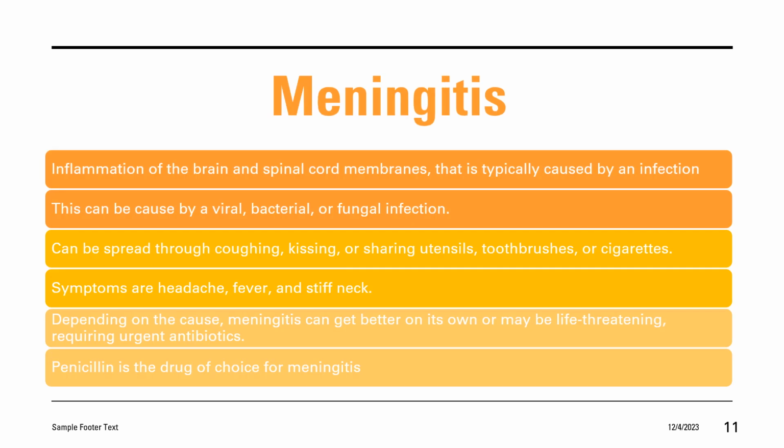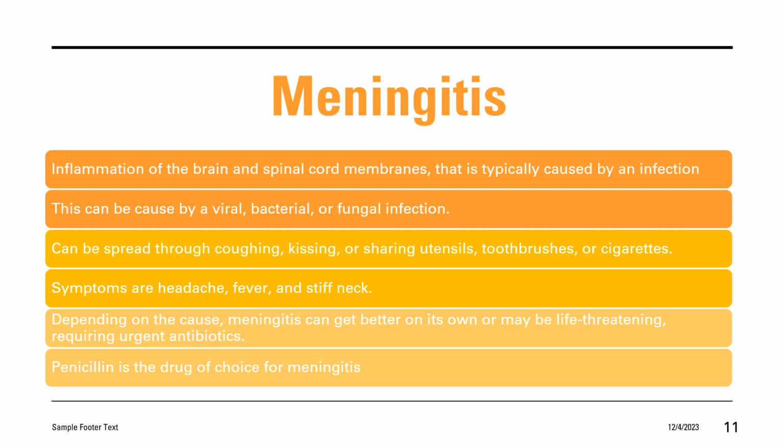So meningitis is something that happens when the brain and spinal cord membranes are inflamed, and it's typically caused by an infection. There can be three causes. It can either be caused by a virus, bacteria, or fungus infection.